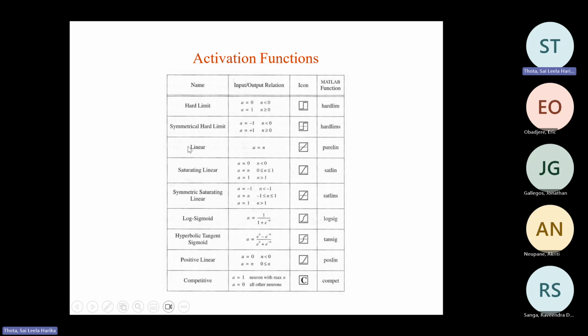And linear, we just discussed now. There are several functions like linear, symmetric, and sigmoid. In sigmoid also we have log sigmoid and hyperbolic tangent sigmoid. So there are several functions. You can read about them when you have free time, so that you will understand how the performance of the model varies based upon the functions.